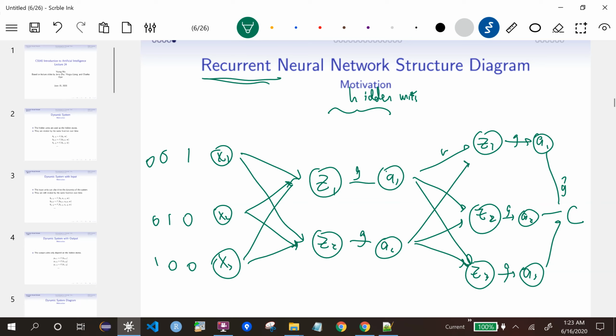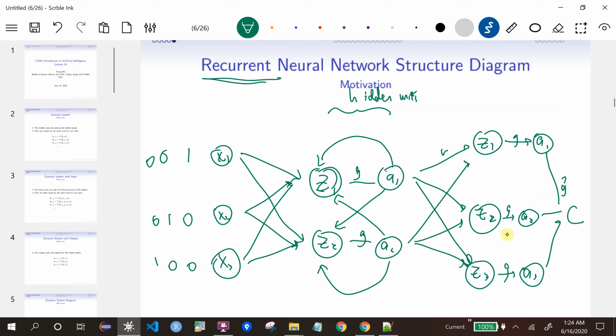The recurrent part comes from the fact that these z's are not only connected to x, they are also connected to a. So we can basically go back that way as well. So there will be a set of weights between the hidden units for the current word and the next word.